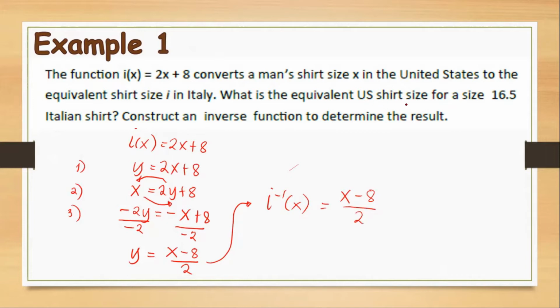So, what is the equivalent US size shirt for a size of 16.5 Italian shirt? So, if I of x is a function that converts a man's t-shirt size in the United States to Italian, and we have 16.5 for the Italian shirt, we have I inverse equals 16.5 minus 8 all over 2.